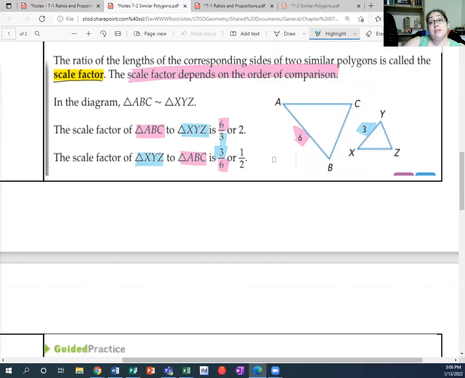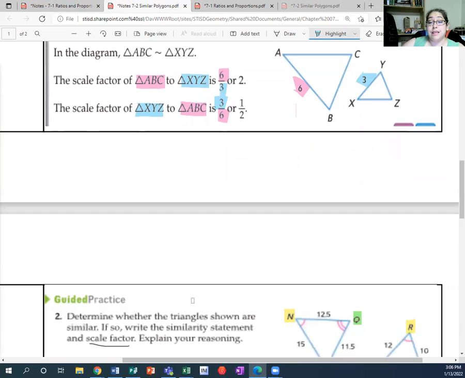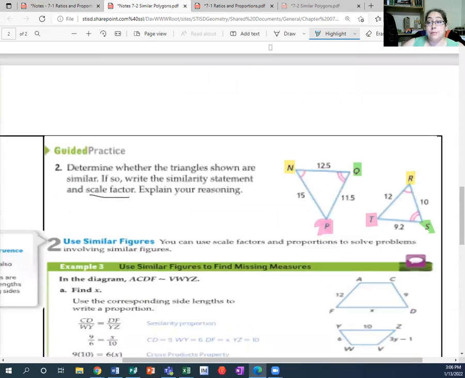The first number in your ratio is always the numerator of the fraction. So when we're doing this setup down here, which we're about to do in a second, when we write these scale factors, we have to make sure that we compare them in the same order. Otherwise, we're going to get two different scale factors, and we're going to say that these are not similar when in fact they are.